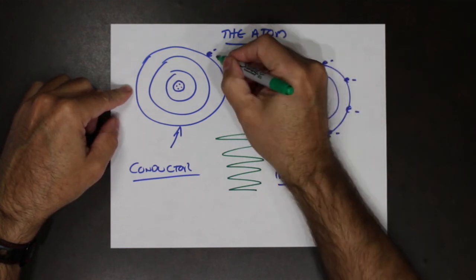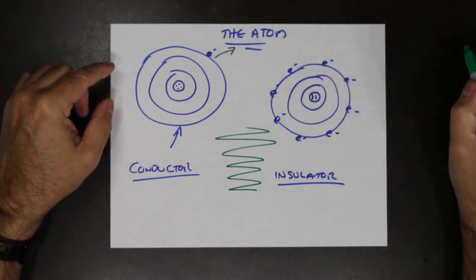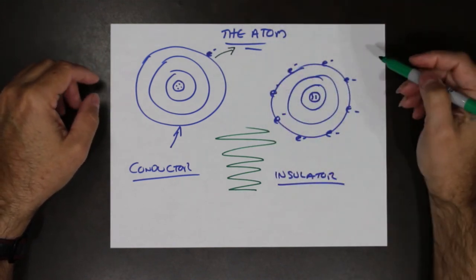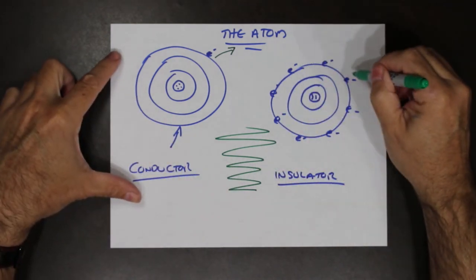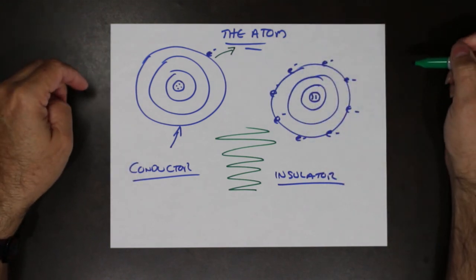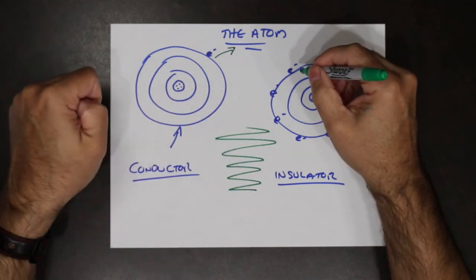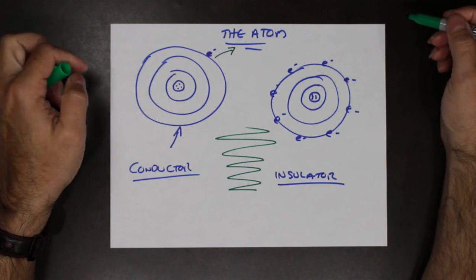This energy would cause this one electron to easily leave and enter the conduction band and therefore flow freely. The same amount of energy would be divided up amongst all of these 8 electrons in the outermost shell, and each one individually would not get enough energy to actually leave and enter the conduction band.